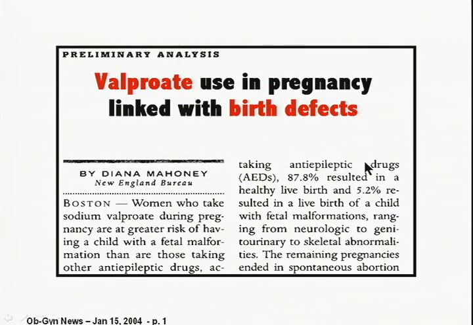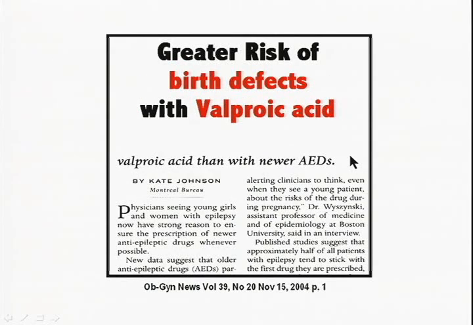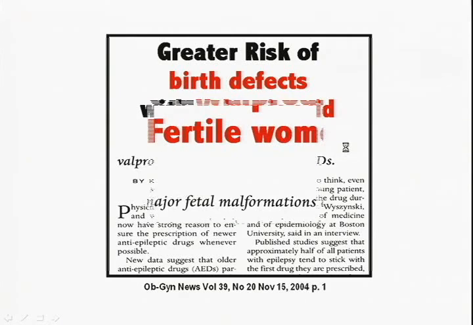Valproic acid is used by many women and has been linked with birth defects, and is probably more problematic than many of the other newer anti-epileptic drugs. For instance, lamotrigine, Lamictal, is probably much safer than valproic acid.